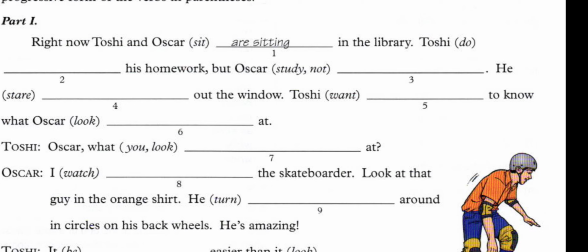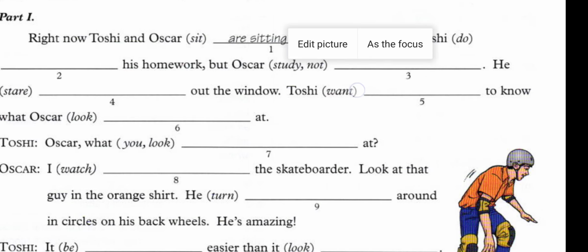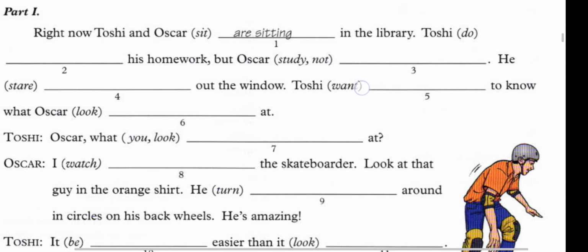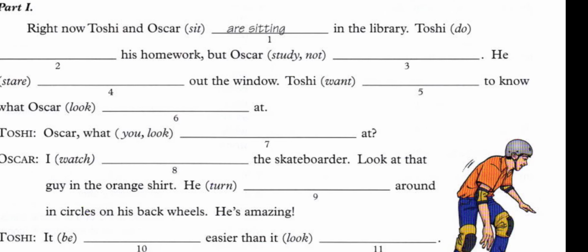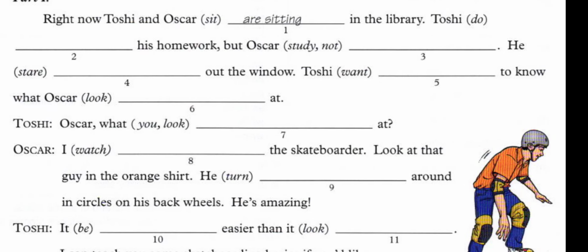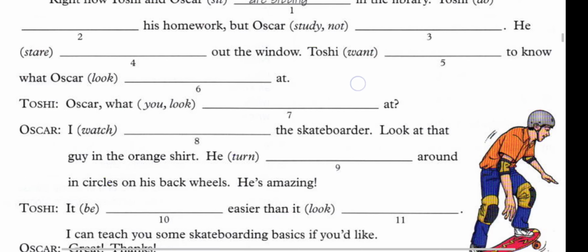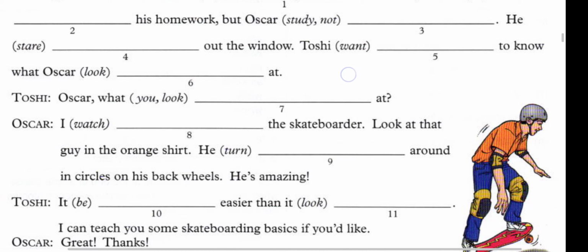They should be used in the simple present, even if the action is going on at the moment of speaking. So here: Tushi wants to know what Oscar is looking at. The verb "look" here is an action verb. We can use it in the present continuous or progressive.